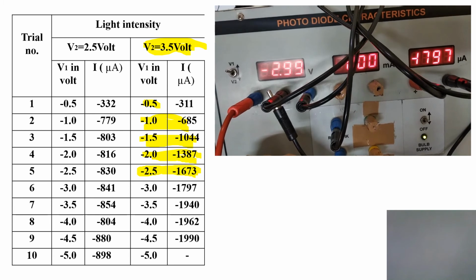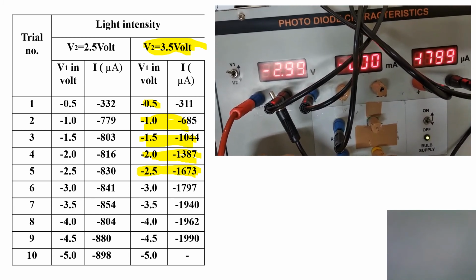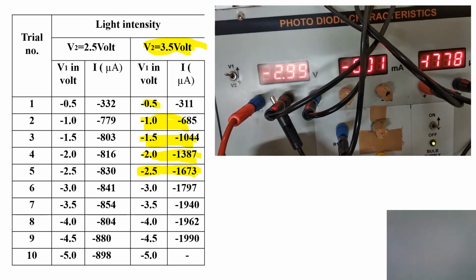For 3 volt, 1796. Now we have the 3 volt reading available. Next is 3.5.